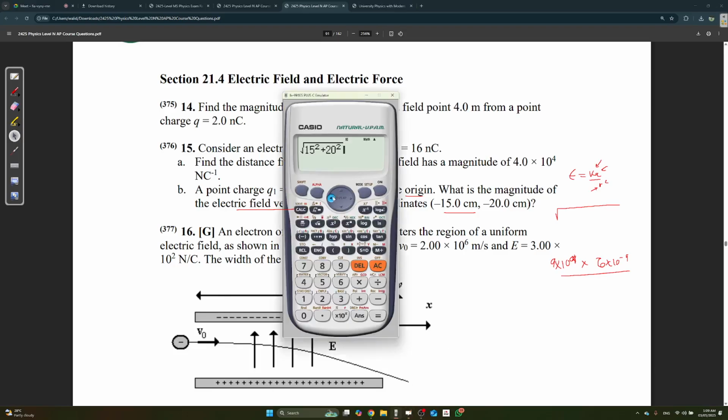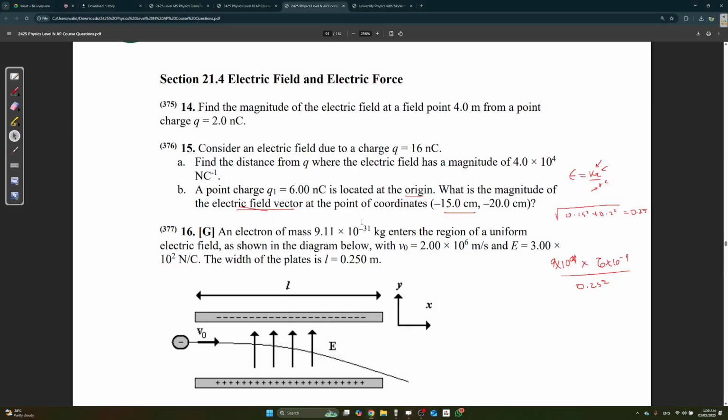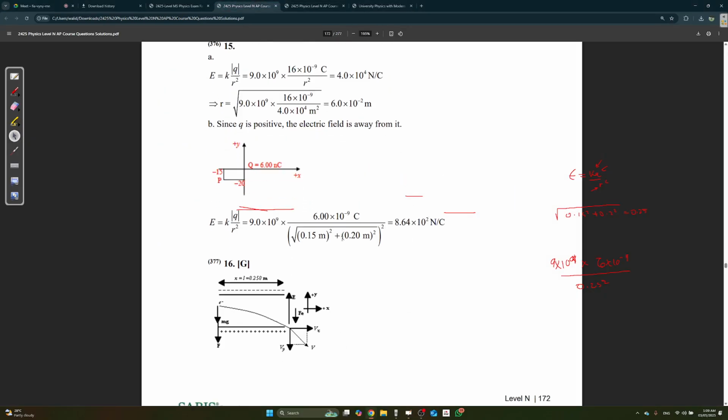So I should make this point 15 and point 2 over here. So 0.25. So over here it should be 0.15 squared plus 0.2 squared equals 0.25. And then over here you have 0.25 squared. So let's take a look at the answer. Yeah, there you go.